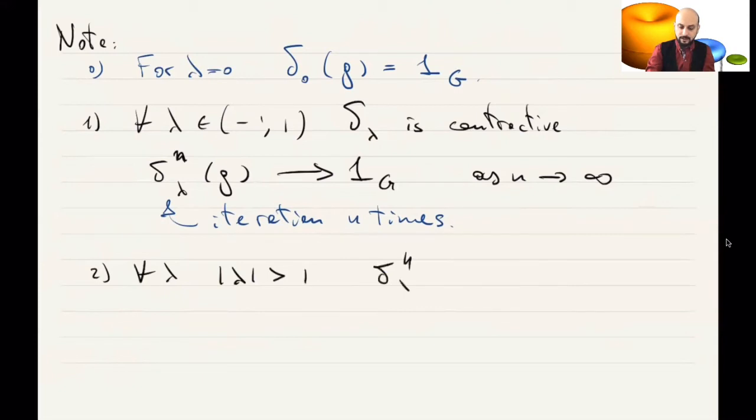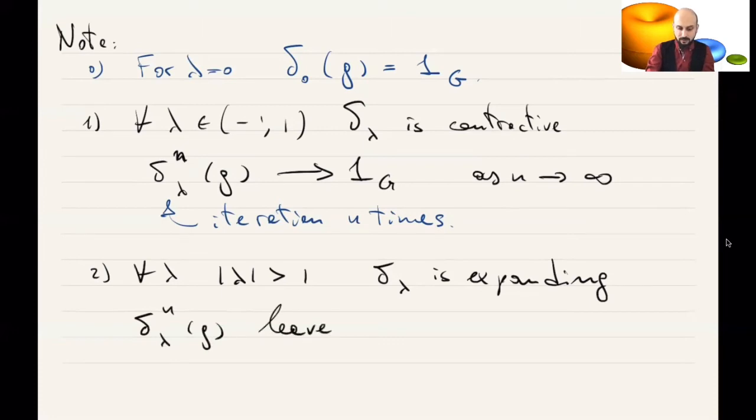Then delta lambda iterated is expanding, which is the same as saying that the inverse is contractive. If you iterate, the sequence of points leaves every compact set as n goes to infinity.